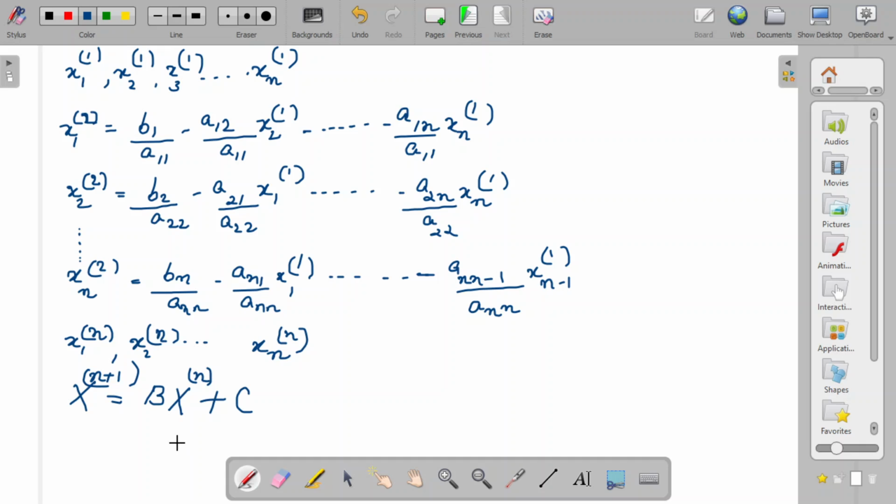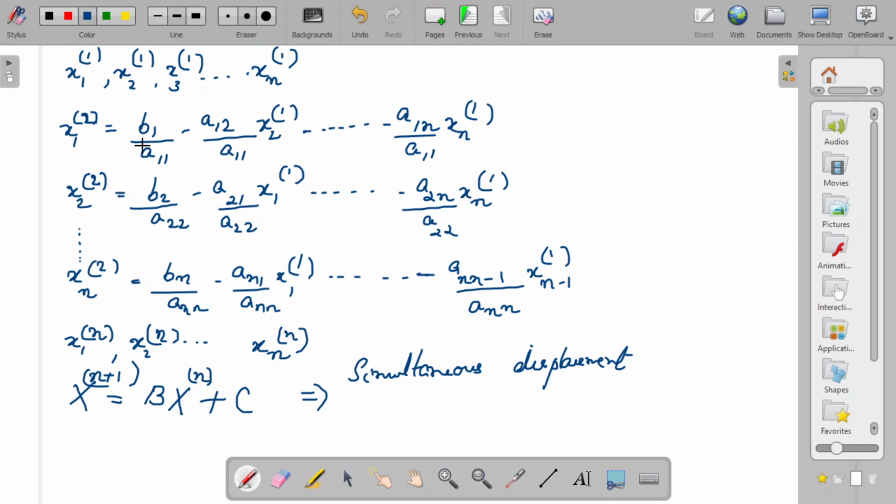So with the first approximate values, you can find the next approximate values as you go on finding the next and next approximate values. This method is called the method of simultaneous displacement, in the sense that simultaneously you go on displacing.